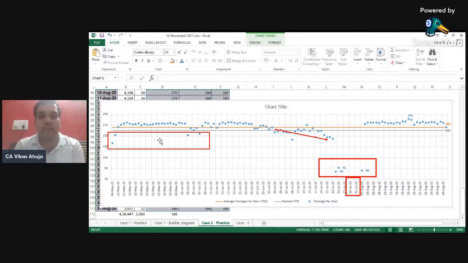You can do it production line wise, stage wise, or product line wise, wherever there is productivity involved.